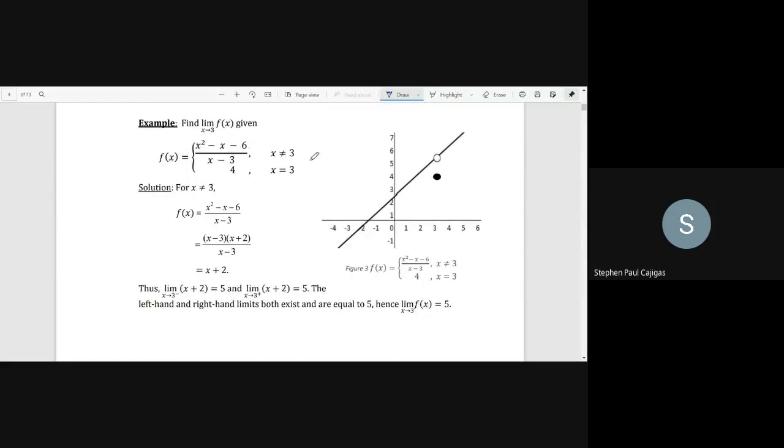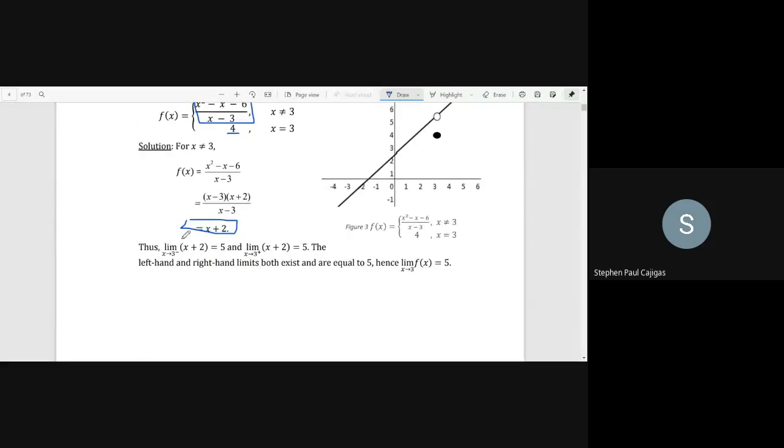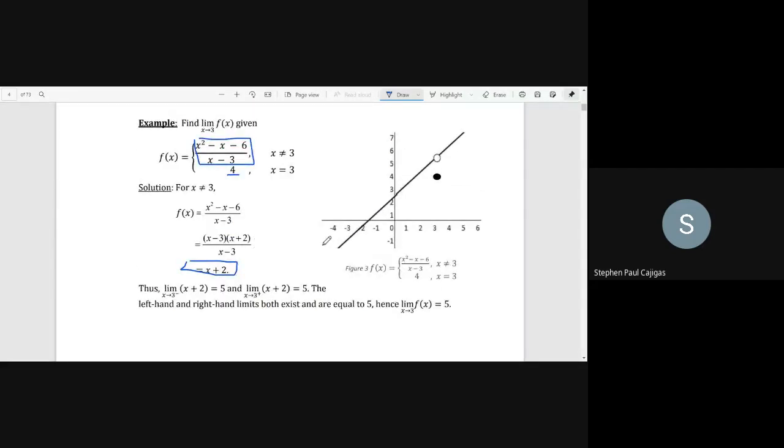So, for example, we have this function. If x is not equal to 3, then we use this one, and if x is equal to 3, then it is equal to 4. So again, this function can be simplified as x plus 2. So we get the left hand limit and the right hand limit. If we look at its graph, we have a left side and a right side of 3.